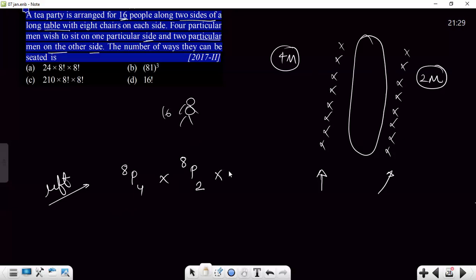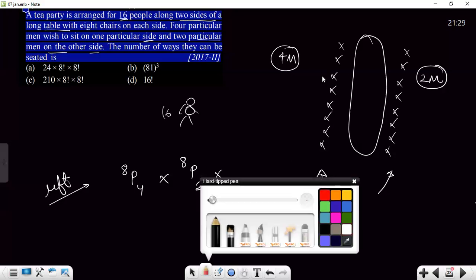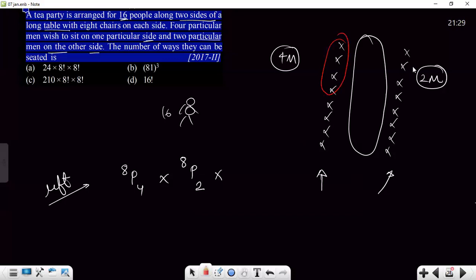How many are left? 10 are left, and they do not have any objection to sitting on any side. These 4 are booked here and these 2 are booked. Now 10 persons and 10 seats are remaining, and they don't care which side they sit on. So we can just arrange 10 people on 10 seats, 10 factorial, basic.